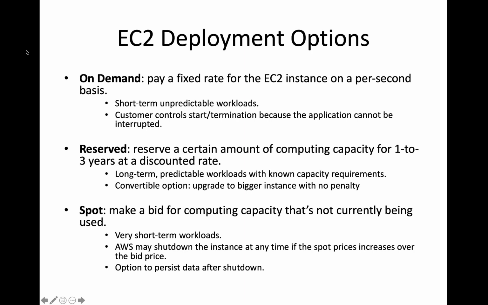And you can actually bid for this compute capacity, just sort of like you're buying a stock in the stock market. You're making a bid for what you're willing to pay for that available capacity. And if your bid is acceptable, then AWS will provide you with the computing capacity at that particular price.